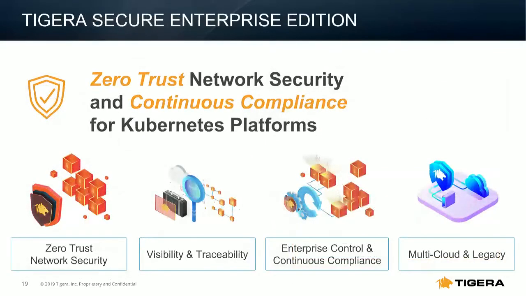So that was a quick tutorial on Tigera Calico and how you can do some fine-grained segmentation on your GKE cloud. Now I'm going to switch the topic to Tigera Secure Enterprise Edition, and typically we see our users, as they advance on their journey on Kubernetes, as they start to put more regulated workloads, more mission-critical workloads, they have additional requirements that come from security and compliance teams.